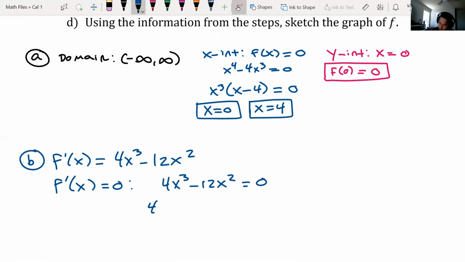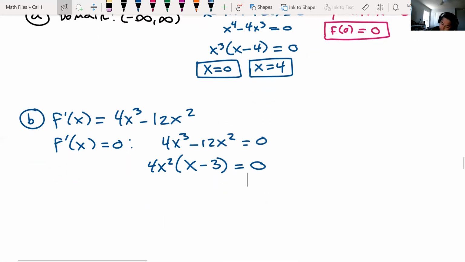Take out a 4x squared, and that leaves me with x minus 3 equal to 0. Now set them both equal to 0, and my critical numbers are x equals 0, x equals 3.